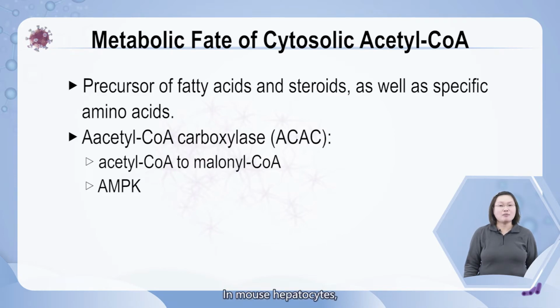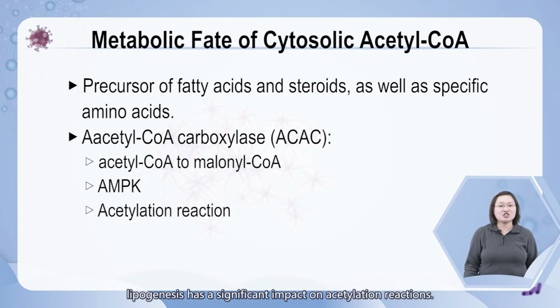In line with this notion, the cytosolic pool of acetyl CoA increases upon AMPK activation, at least in yeast. In mouse hepatocytes, the knockout of both ACACA and ACACB causes the hyperacetylation of extramitochondrial proteins, but the hypoacetylation of mitochondrial proteins. That suggests that the utilization of acetyl CoA for lipogenesis has a significant impact on acetylation reactions.